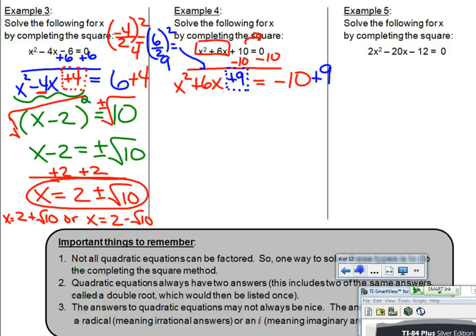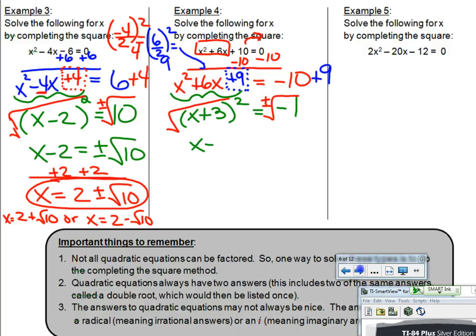All right, so this is now a perfect square, and that's going to factor to be 2 of the same, x plus 3 times x plus 3. So I can write it as x plus 3 squared. And then negative 10 plus 9 is negative 1. All right, getting rid of the power 2 by doing the square root. Don't forget positive and negative.